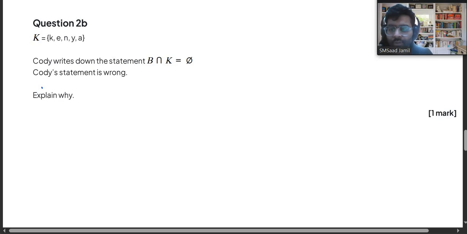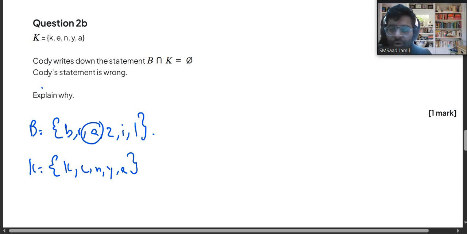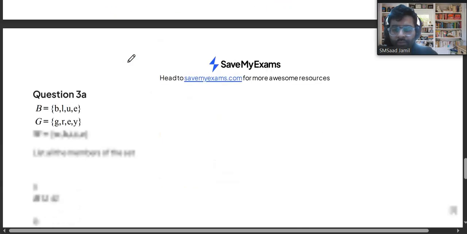Look, because in B, which is Brazil, B, R, A, Z, I, L, and K, which is Kenya, K, E, N, Y, A, both have common A, which means B intersection K is actually A. So that's why this statement is wrong.